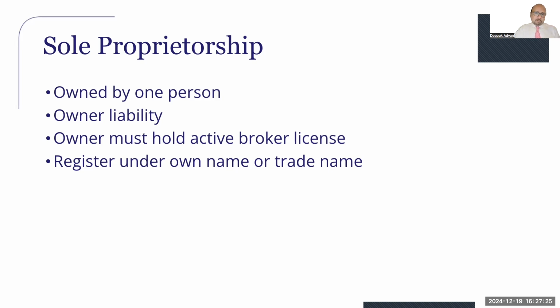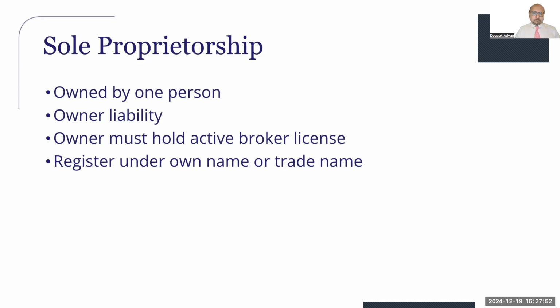A sole proprietorship is owned by one person. Many real estate agents who are brokers are not too actively involved in the day-to-day operations and sales. So for them, it's much easier and simpler to operate as a sole proprietorship.